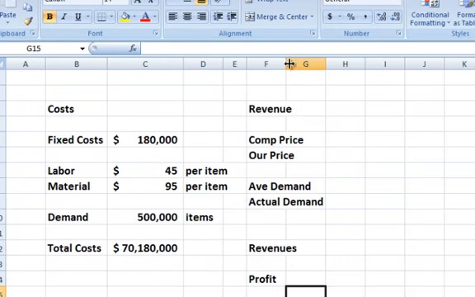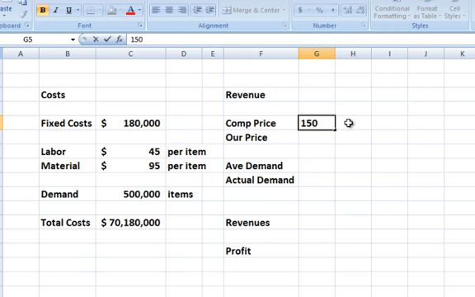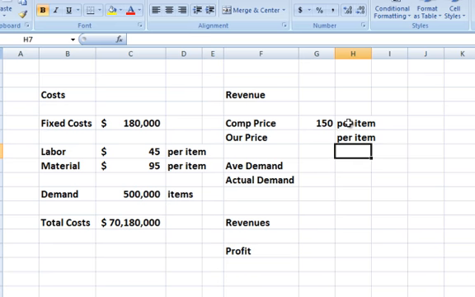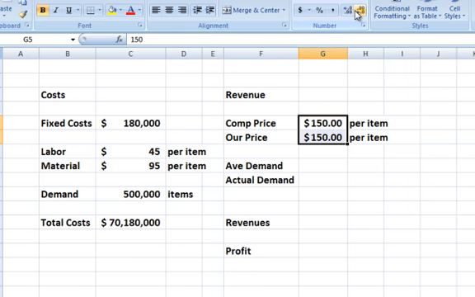Competitor's price. Well, we're going to change that, but for right now we'll put in $150 per item. And we're going to put in that our price always matches the competitor. That is something we could change later, but just a simple formula that says equal whatever our competitor charges. Then we're going to have to add something here.